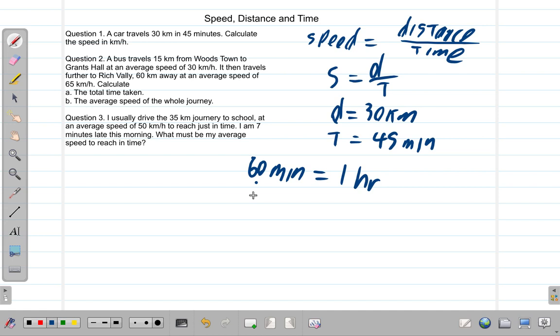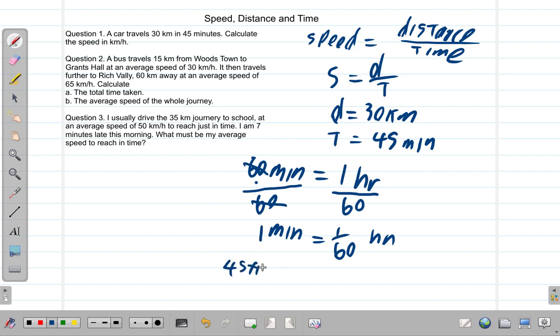So divide by 60. 60 cancels 60 and we have 1 minute. But if we divide the left hand side by 60, we're going to have to divide the right hand side by 60 as well. So 1 minute is 1/60th of an hour. Now turn this 1 minute into 45 minutes. 45 times 1 minute is going to be 45 times 1/60th of an hour.